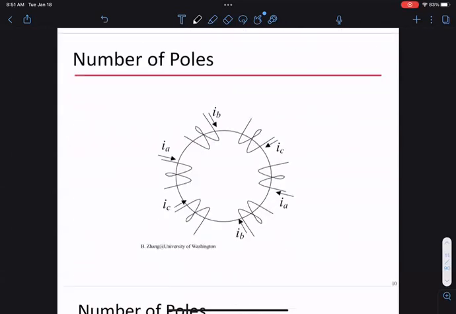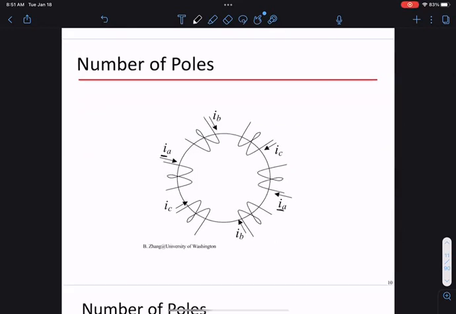For example, this is a design of a 4-pole machine, 2 pole pairs. Before, you repeat after one AC cycle. But here, because you have 2 A phases, it takes 2 rotations for things to become periodic.